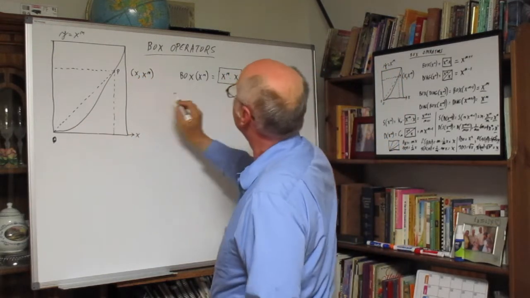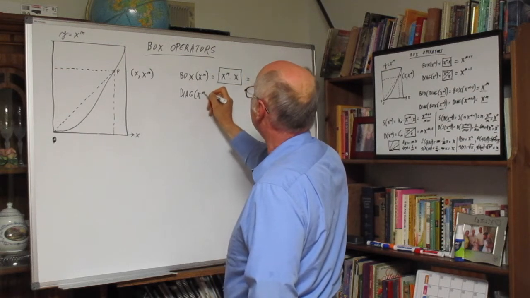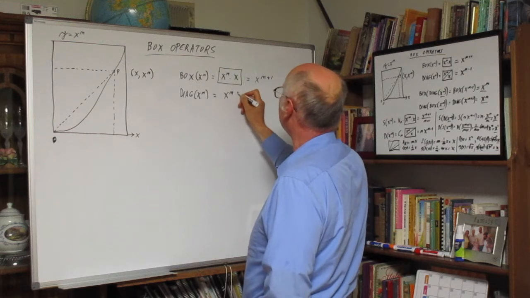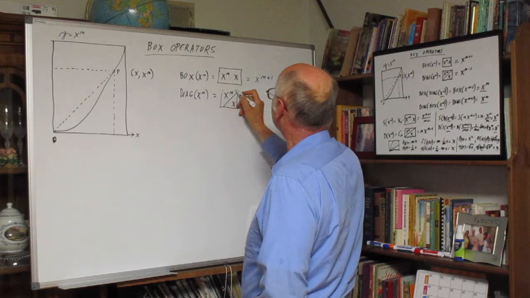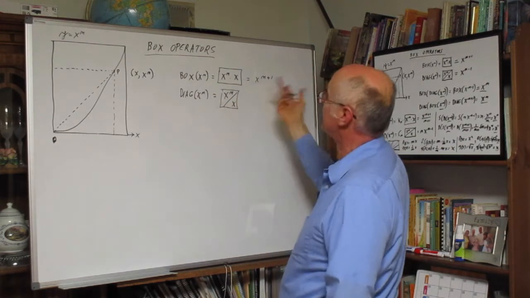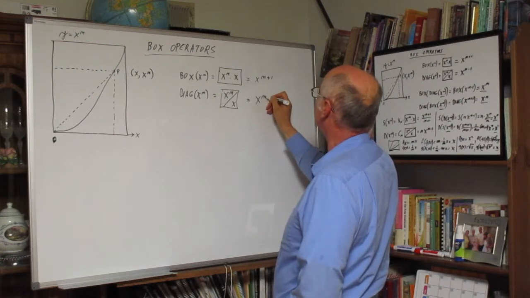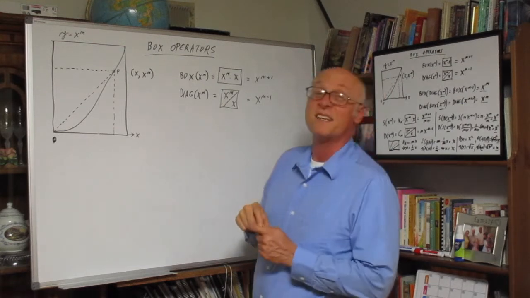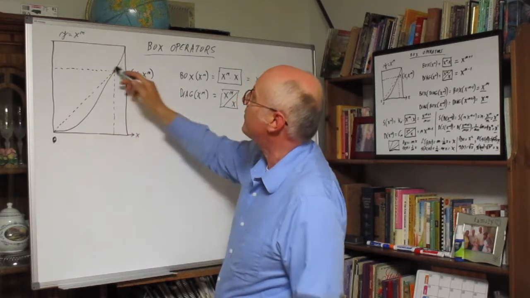What about the diagonal? The diag of x to the n, well, that equals x to the n, but instead of multiply, now you divide by x. Right? And that looks like the diagonal. You see it? Literally, it looks that way. And that simply equals x to the n minus 1. Notice that from a geometric perspective, the box, well, that's the area, that's the box.